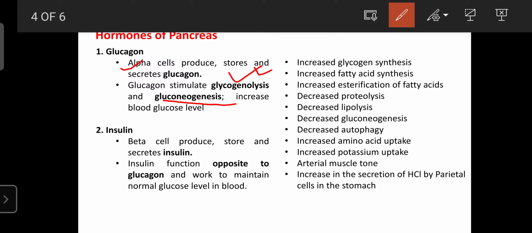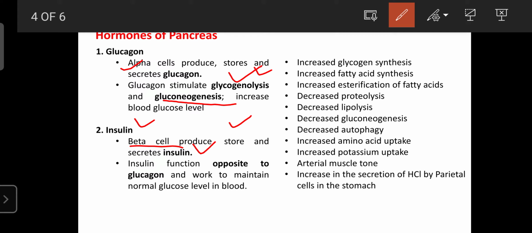Next one is the insulin. Insulin is also considered a hormone of the pancreatic gland. Insulin is mainly secreted from the beta cells, and it is also stored in the beta cells, and secreted from the beta cells itself depending upon the plasma sugar level or blood sugar level.